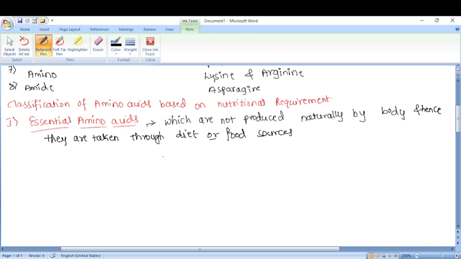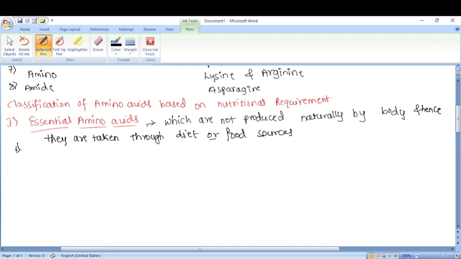These are called as the essential amino acids. Is it clear? Essential amino acids are not naturally produced by our body, hence they are taken through the diet or food sources. Now we'll see what all the essential amino acids are.